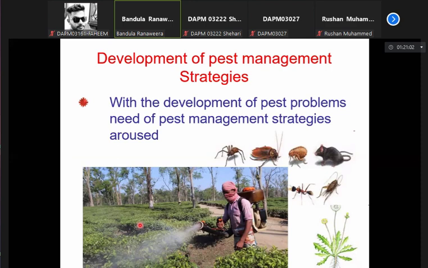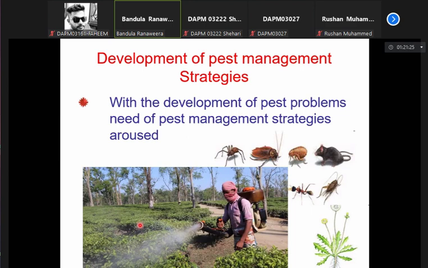And if they are given higher, maybe excessive levels of nitrogen, that is creating succulence of the plants, and the pests, the primary consumers, are more attracted into the cropping system.